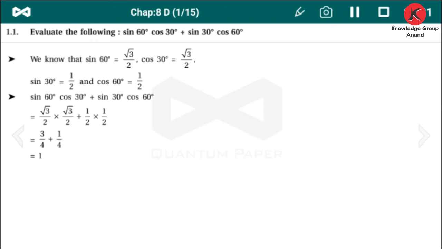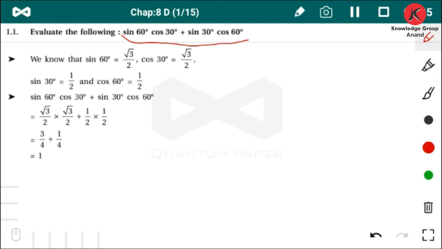Put all the values in this equation. Root 3 by 2 multiplied by root 3 by 2 plus 1 upon 2 times 1 upon 2. Root 3 times root 3 is 3, 2 twos are 4, plus 1 ones are 1, 2 twos are 4.